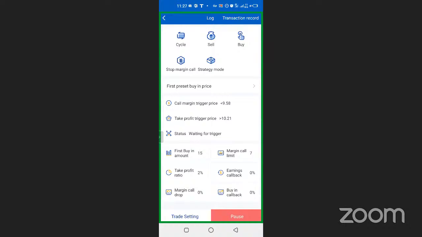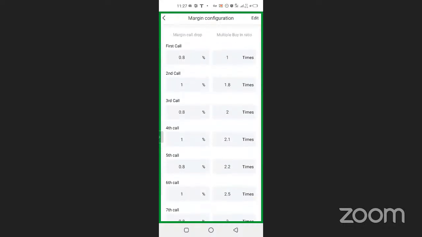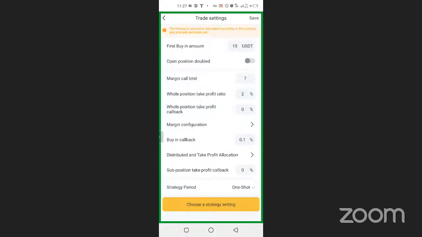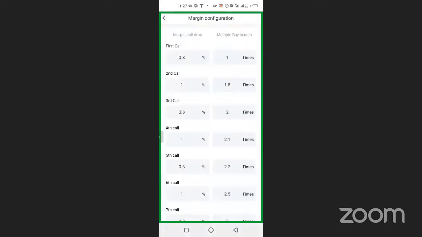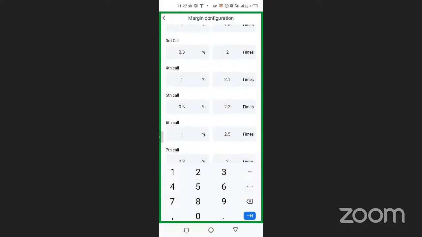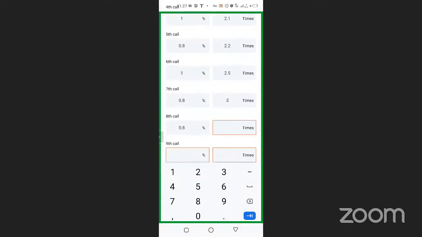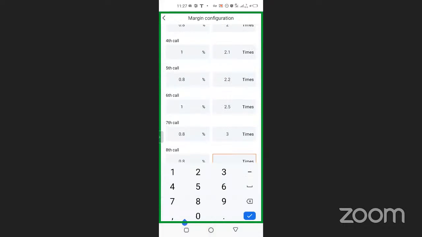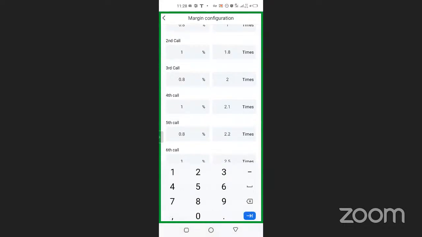But now I need to edit this back. I don't know which this was, but it cannot buy it again.